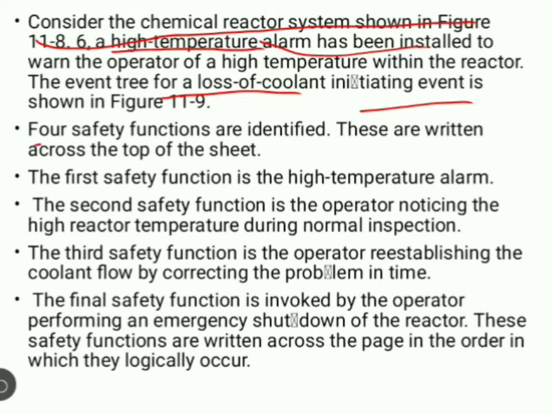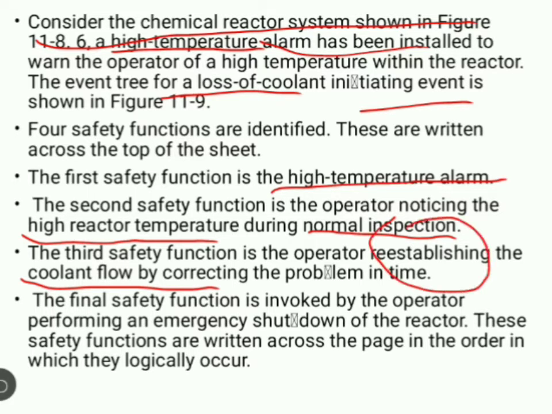Now you see there are 4 safety functions identified in this type of reactor. The first function is the high temperature alarm, which gives the alarm when the temperature is increasing. The second safety function is that the operator can notice high reactor temperature during inspection. The third safety function is re-establishing the coolant flow: if the operator notices that the coolant is not working properly and the temperature is increasing, he will re-establish the coolant flow.